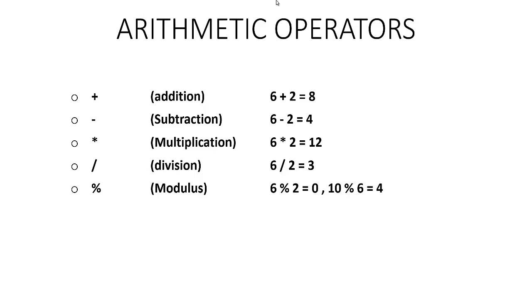If you look at 6 divided by 2 above, it gives you 3. But 6 % 2 gives you 0, which means the remainder of this division is 0. So 10 % 6 is equal to 4. So the remainder is 4. If you want to find the remainder from a division, you have to use this symbol.